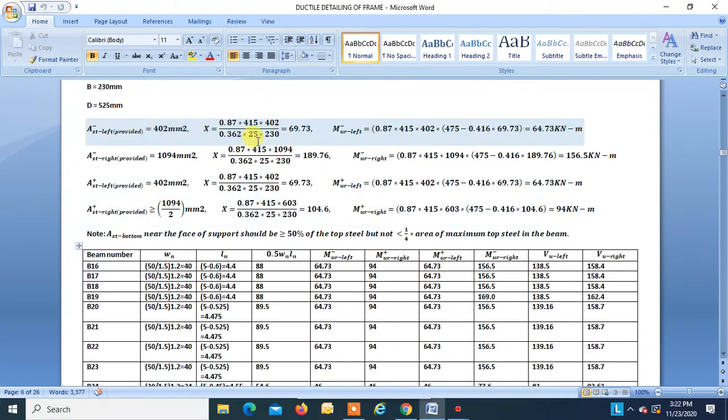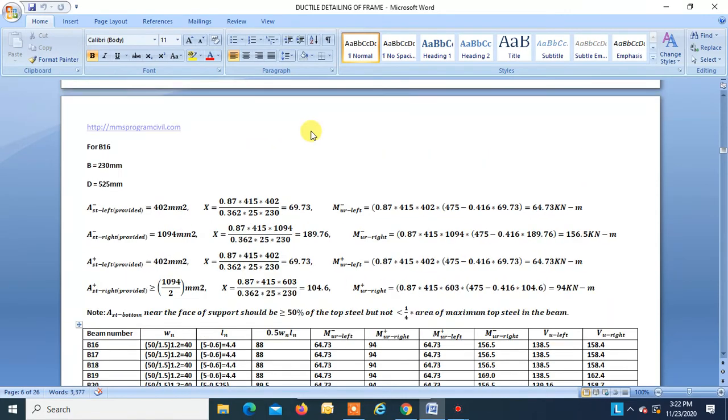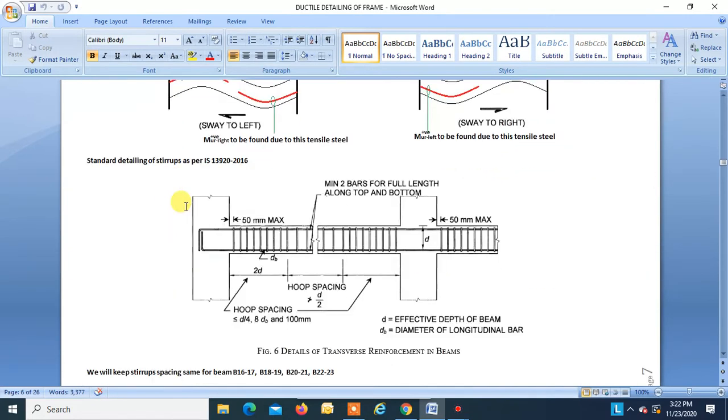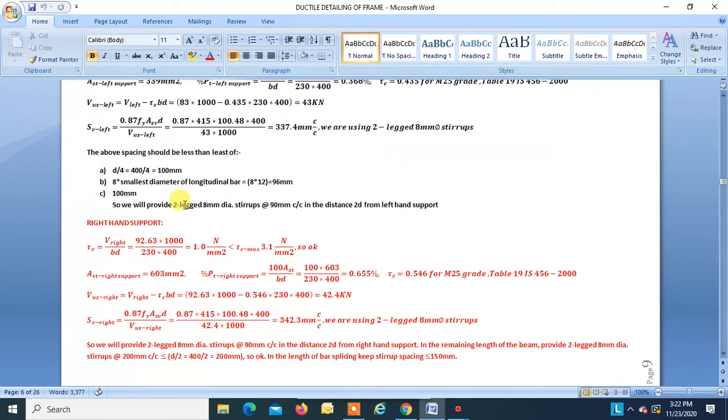So once you know the steel, you can find x. Once you know the x, you can find Mur. So Mur negative left is found to be 64.73. Similarly, Ast negative right provided, that is at right hand support.